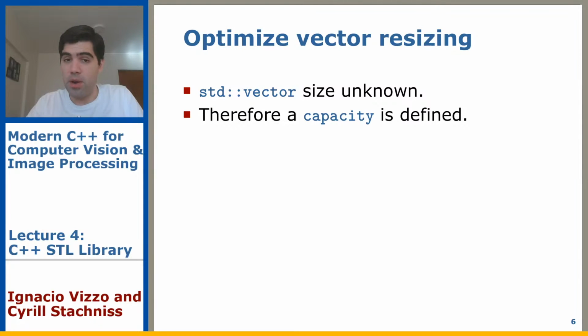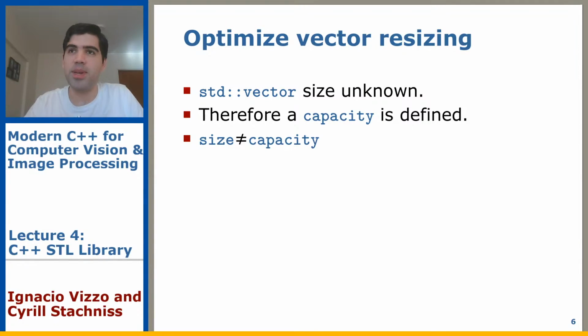The C++ standard defines a capacity, and the size is not always the same number as the capacity. The capacity of the vector is basically how many items you can store. This is basically the amount of memory you will reserve before using the vector.